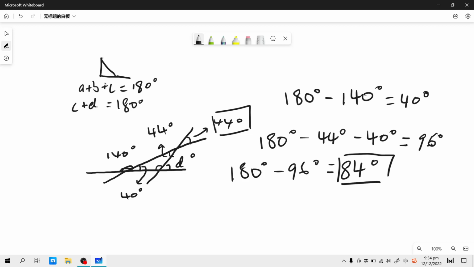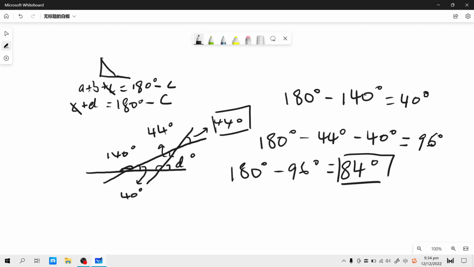Okay, so there's C on both sides. So we cancel the C, minus C on both sides. You'll find out that A plus B equals 180 degrees minus C, and D equals 180 minus C. These both answers are the same.